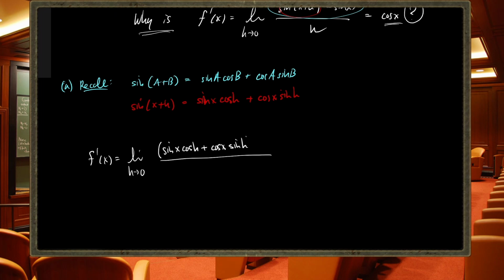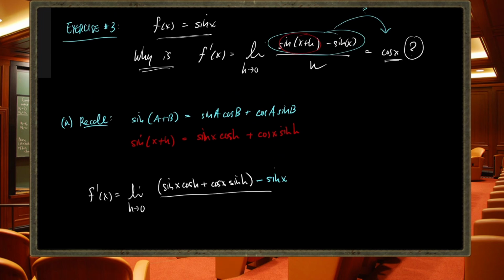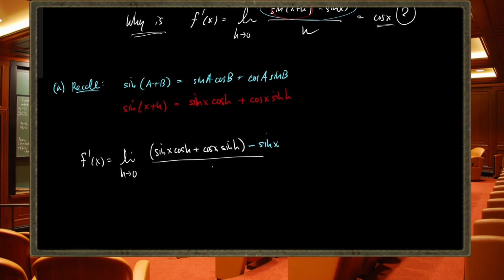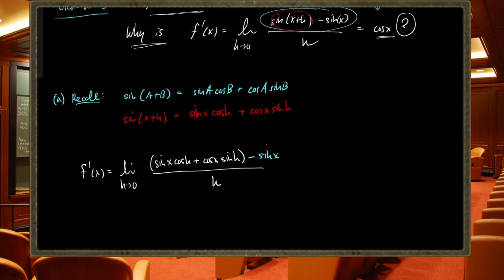The whole point of this is to get this into a more workable form, and then we'll subtract the sine x that was already there, all over h. So all we've really done is replace this sine x plus h with this identity that we got. And then we can simplify this by pulling this term over here and factoring it out.